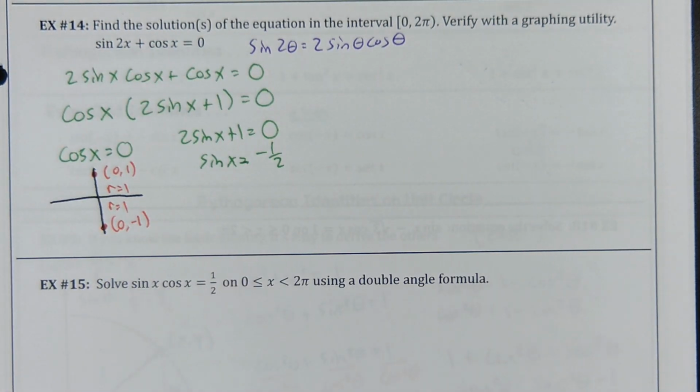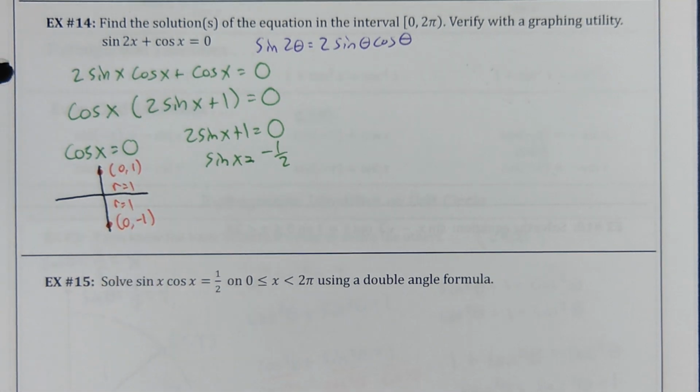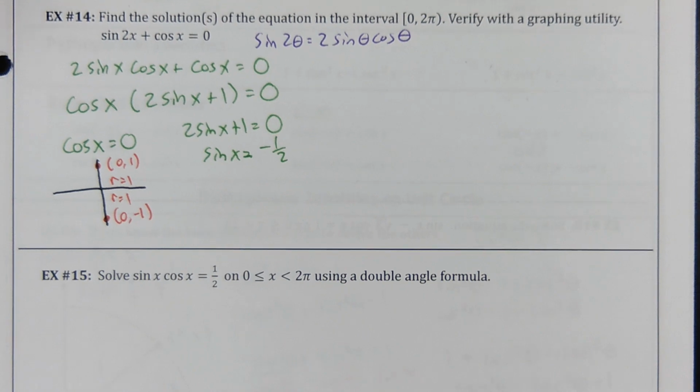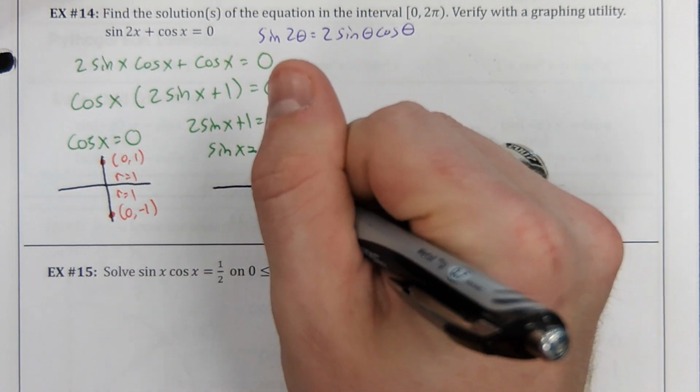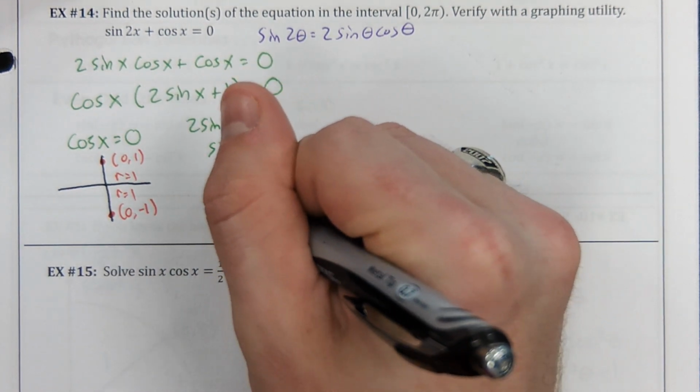We have no x's there. Well, no side length x. So those are our answers there. And in the first full circle, sine is negative in 2 quadrants, 3 and 4, because that's where your y values are negative.